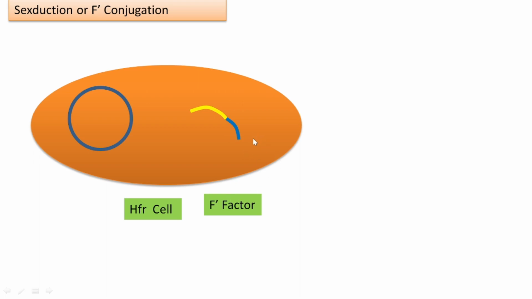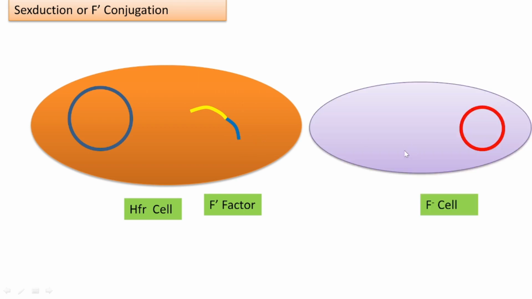And if this bacteria mates with another F minus cell. F minus cell means it lacks an F factor. So it's called an F minus cell. Conjugation is formed, and this F prime factor is moving to this F minus cell.